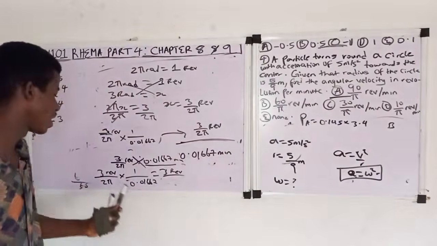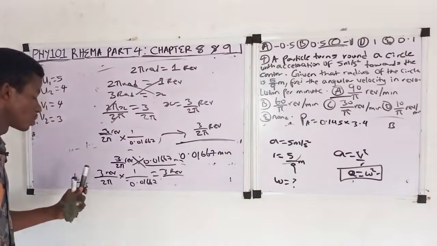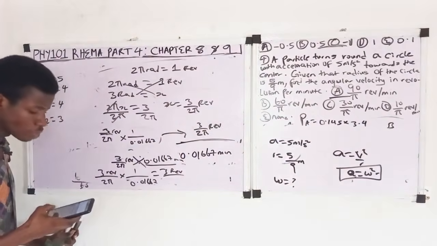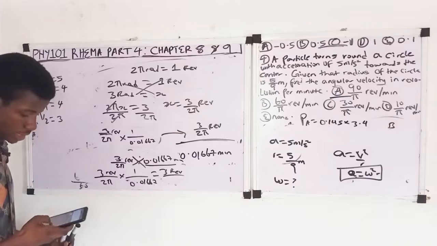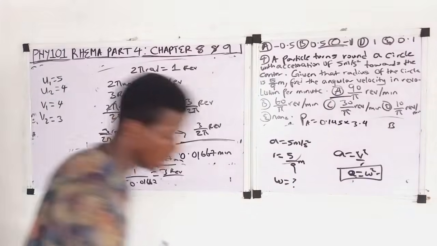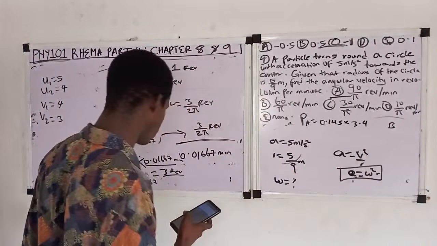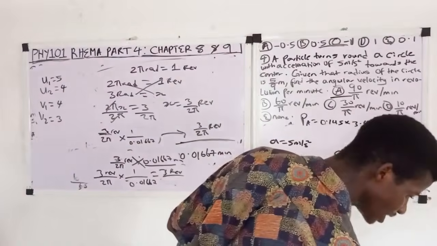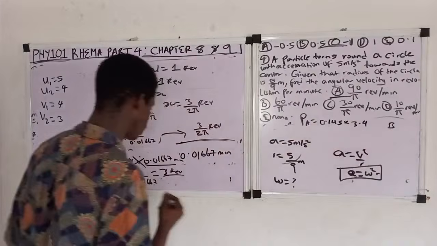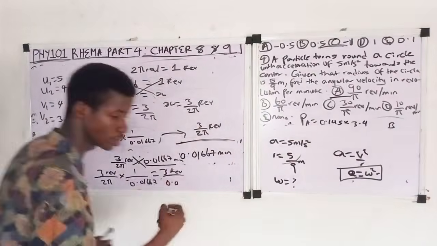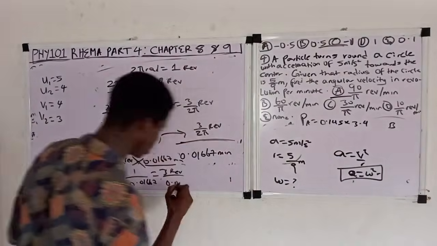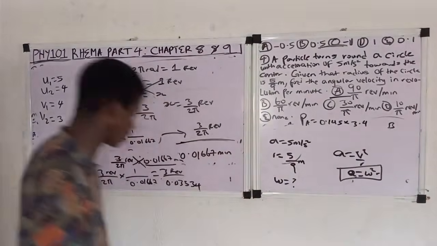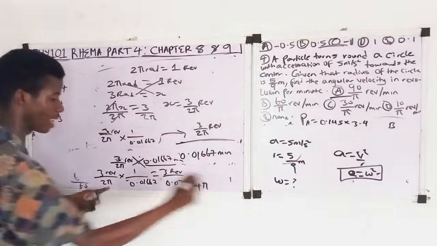So 2 times 0.01667 is 0.03334. Then don't forget about the pi.